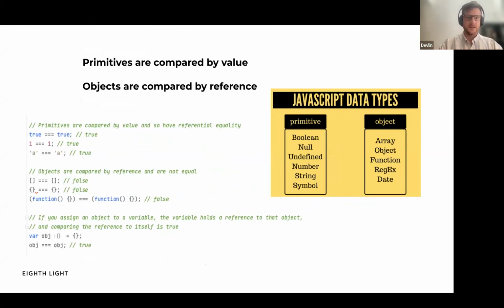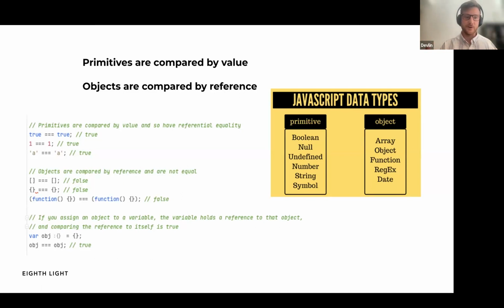So if we look at the left-hand side at the top, primitives are compared by value. So the Boolean true equals a Boolean true, the number 1 equals number 1, and the string A equals the string A, even though these are different pieces of data in our program, right? They, in JavaScript, have referential equality.